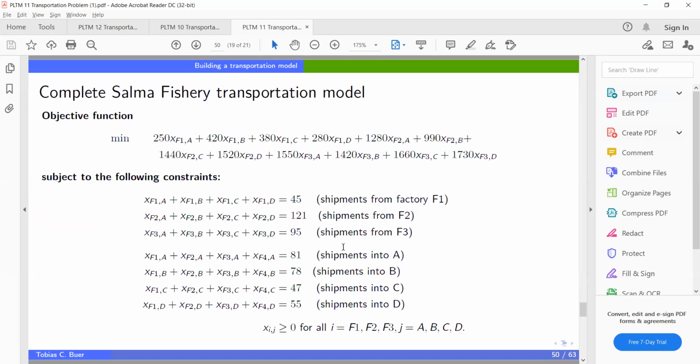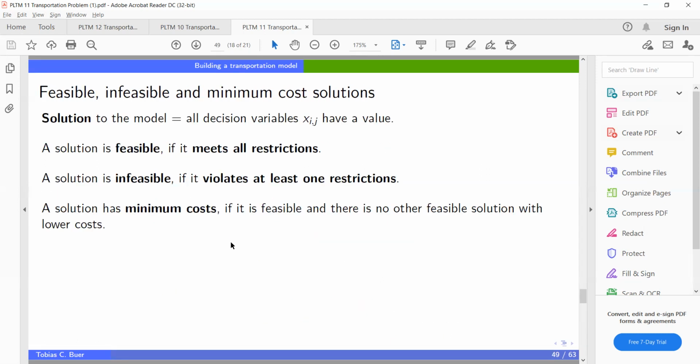So if we set in the values and all the constraints are met, all the equations are completely fulfilled, only in that case we say that we have a feasible solution. We say that our solution is infeasible if at least one of the restrictions is violated.